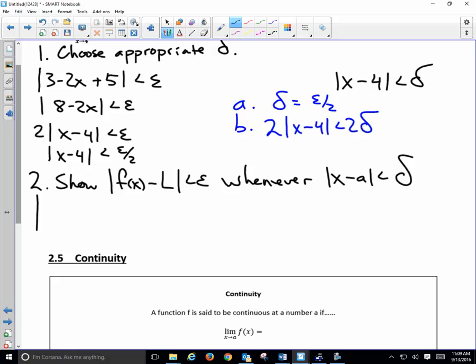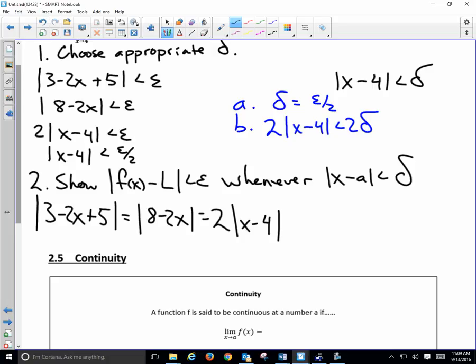Help me out. 3 minus 2x plus 5 equals 8 minus 2x equals less than 2 delta, which is epsilon.